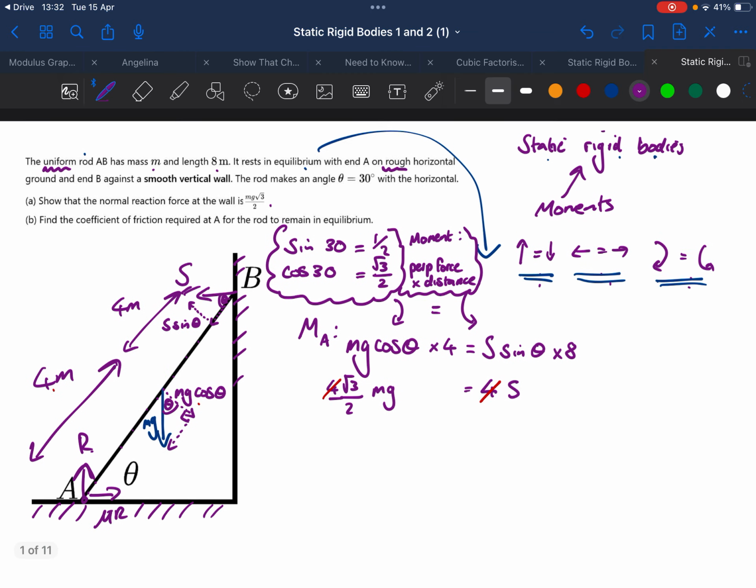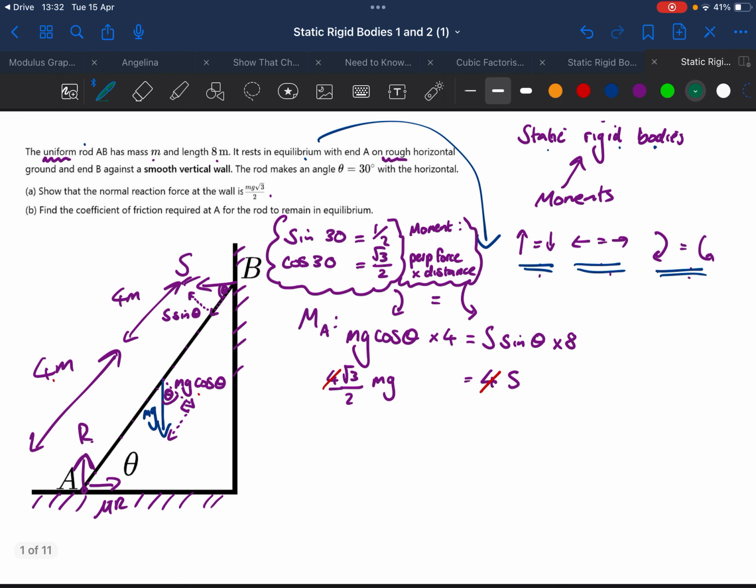Okay, so that was using this condition here. And what will probably happen now is in the rest of the question, I use the other parts, and this sort of line here will be useful. That tends to be how the questions go.